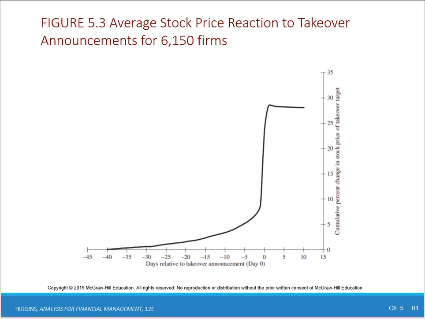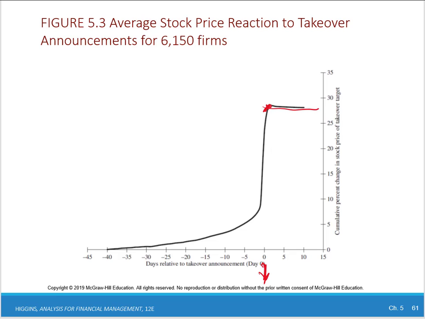So the way information should work is that you have a little bit of time. This is the time before. Here's the day that, in this case, it's a takeover. This is the day that the takeover is announced. On that day, we see this huge spike. That's good news.